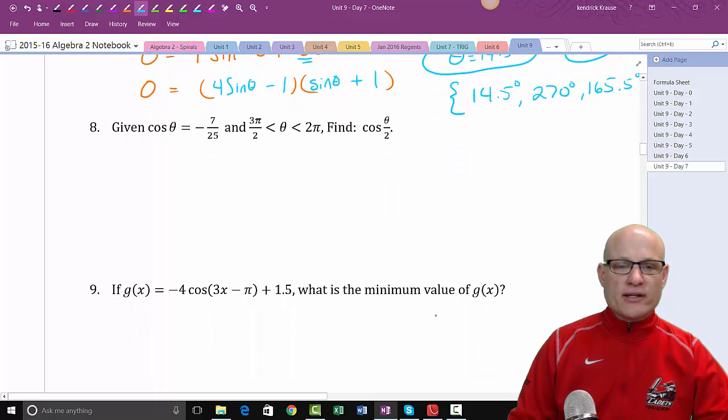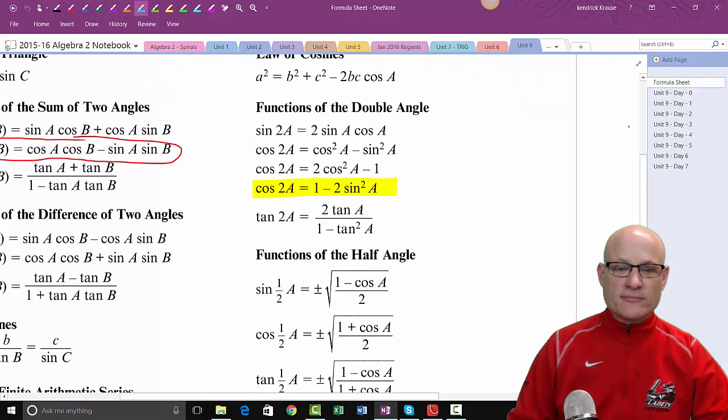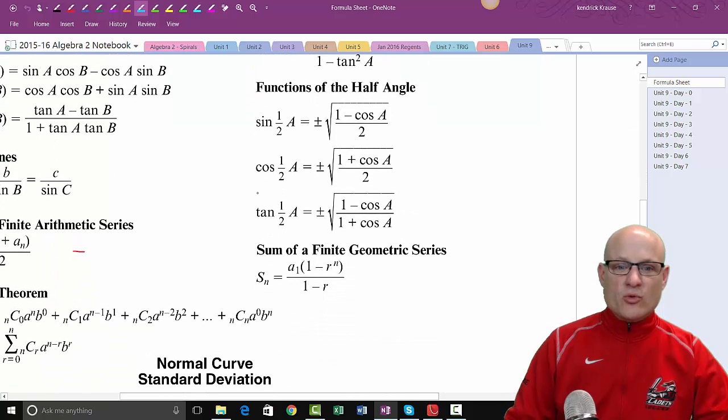Given that cosine theta equals that, and look, check this out: my angle is in the fourth quadrant. And this is the same as cosine of 1/2 theta. You remember there's a 1 right here. So I know I need to go to my formula sheet and remember what the formula for the half angle is. It's plus or minus the square root of 1 plus cosine A over 2.